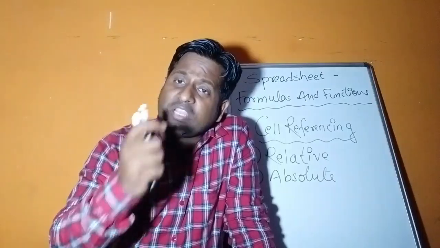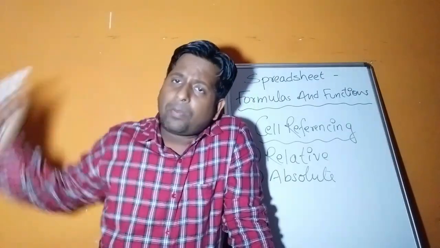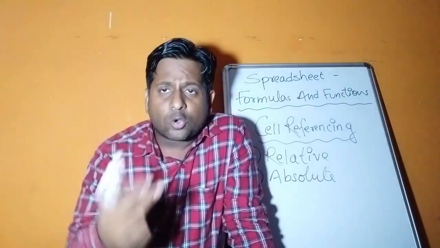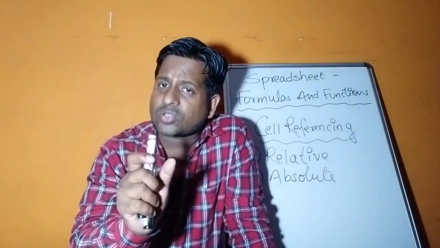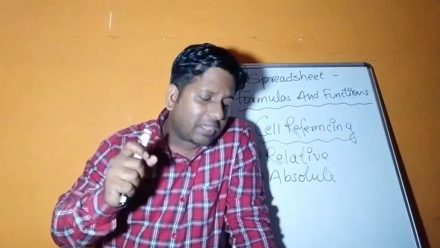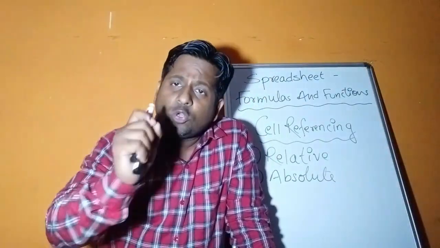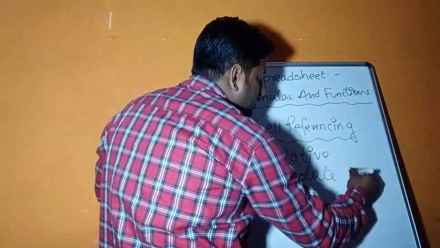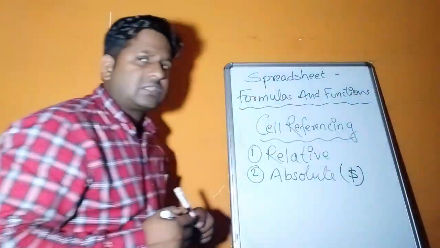They don't change when we copy from one place to another. Both the column name as well as the row name, the cell address, remain constant. And to make it fixed, we use one symbol, the dollar symbol, to make the cell fixed.